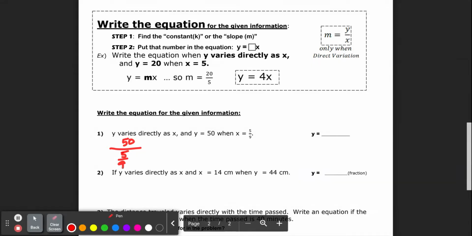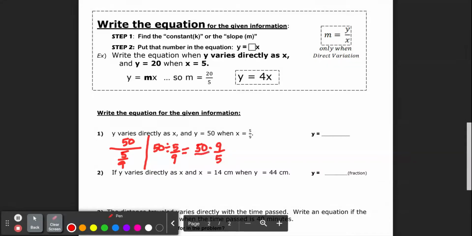If you don't want to use the calculator, then this is going to be 50 divided by 5/9. Do you remember that phrase? Keep, change, flip, KCF. So we're going to keep the 50, change division to multiplication, and flip 5/9 to make it 9/5.